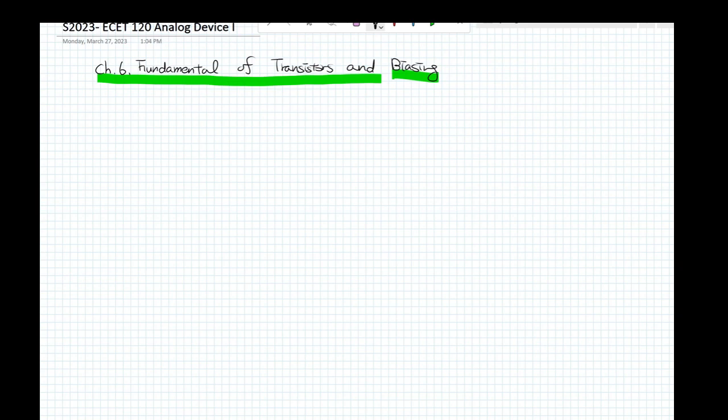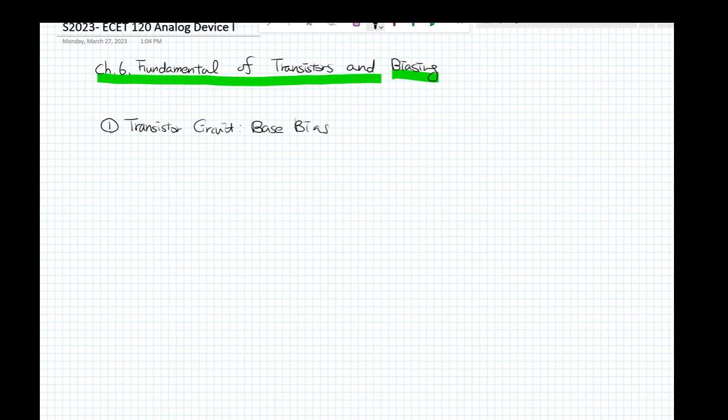All right, so first one, the transistor circuit, base bias.